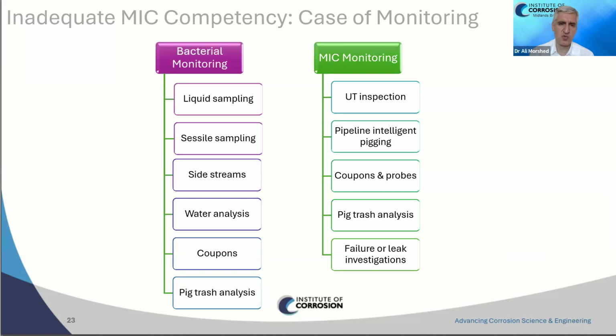Each of these two subjects has its own items. For bacterial monitoring, for instance, we can opt for liquid sampling, sessile sampling, using side streams, doing water analysis, using coupons, or analyzing the pig trash.